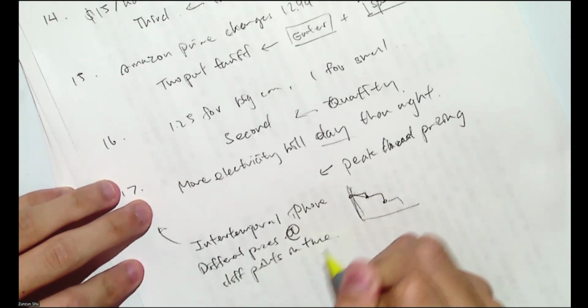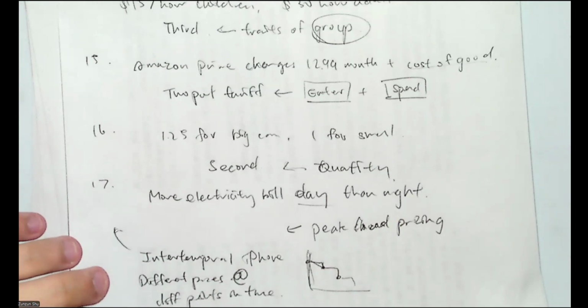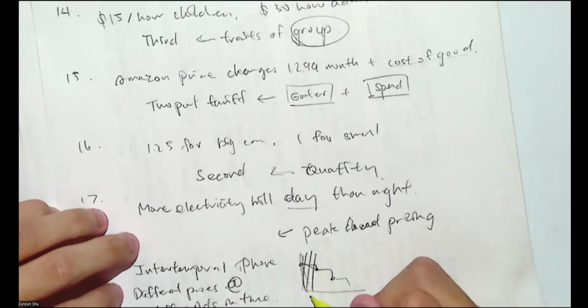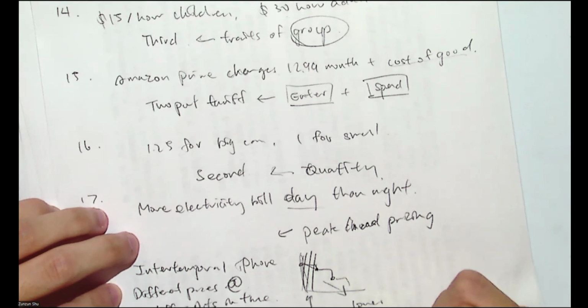And oftentimes it begins high and later goes low, because originally it's attracting people with high willingness to pay, and later it goes down to lower willingness.